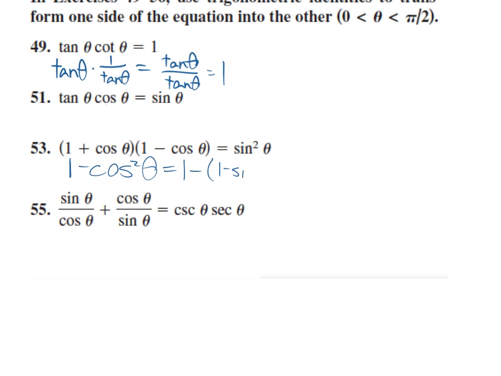I'm just taking this kind of a little bit more roundabout way, but alright, cosine squared using our Pythagorean identity is 1 minus sine squared, right? So, that's 1 minus 1 is 0. Negative times the negative would be a positive sine squared. So, we just proved it's equal. Okay?